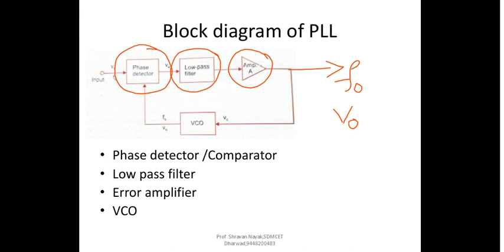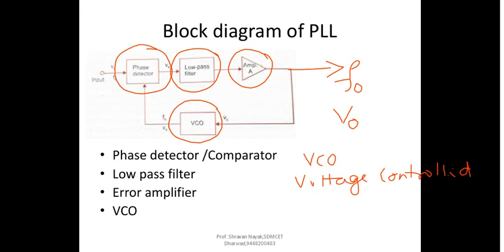Now this output signal is fed back to one more block which is called as VCO. This is nothing but voltage controlled oscillator. Voltage controlled oscillator, VCO. It's called as voltage controlled oscillator, right?